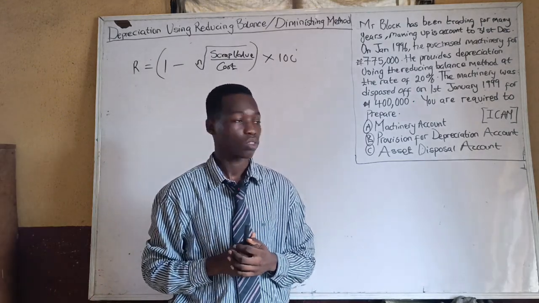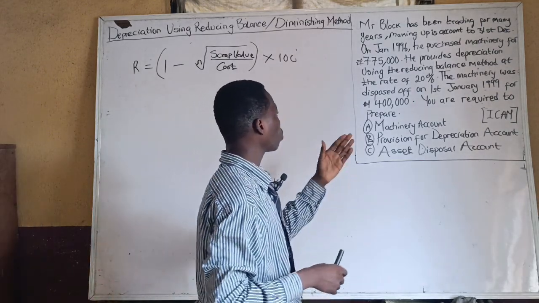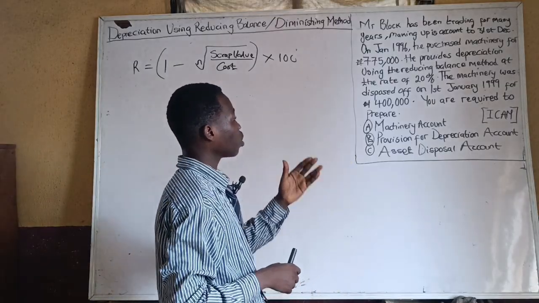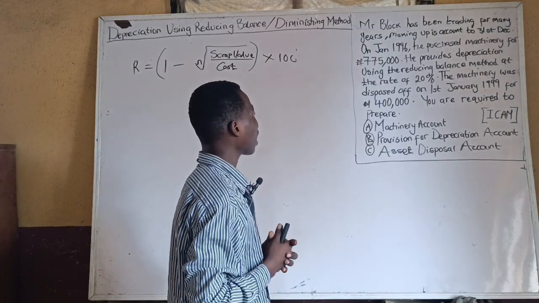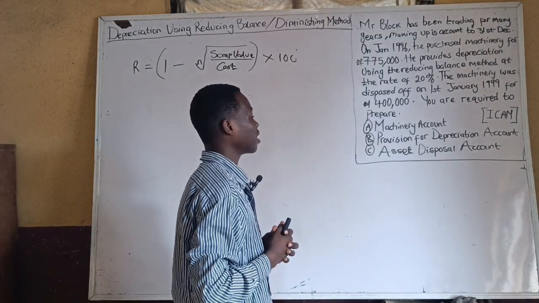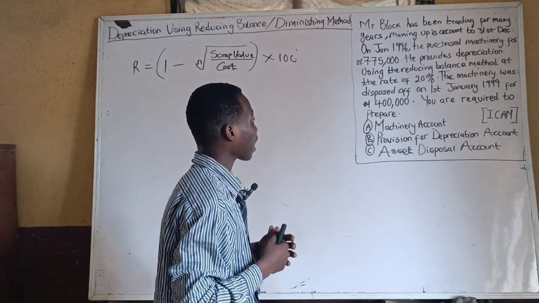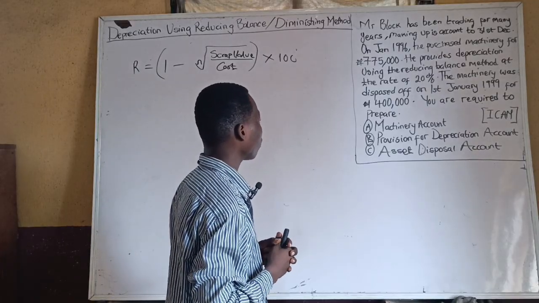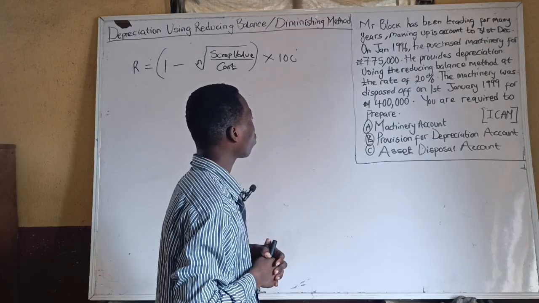Let's cite that now. So when we go through what we have on the board, the question says that Mr. Block has been trading for many years, making up his accounts to 31st December.